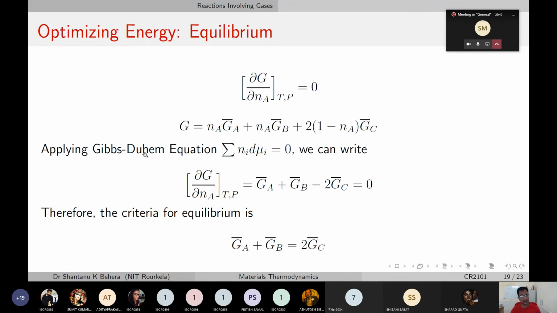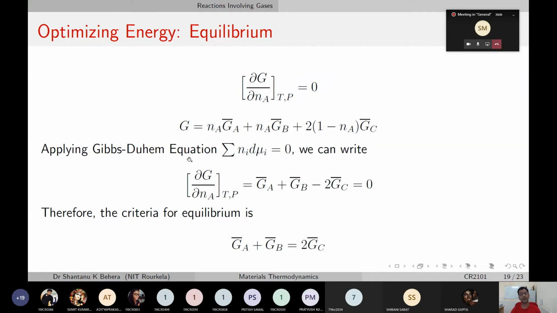And there is something called the Gibbs-Duhem equation. We'll deal with that later, which says that G is the summation of Ni mu i. But when you do dG, then it's going to be a combination of mu dNi plus N d mu.